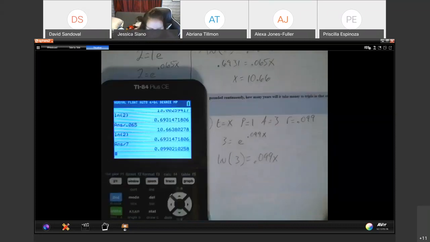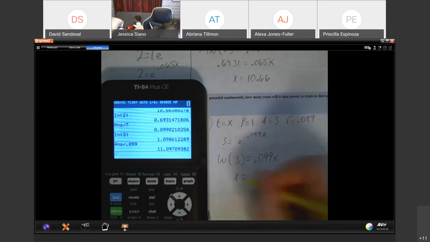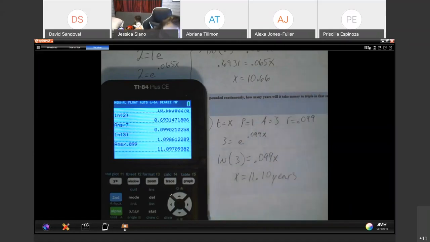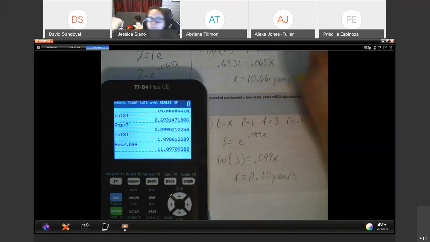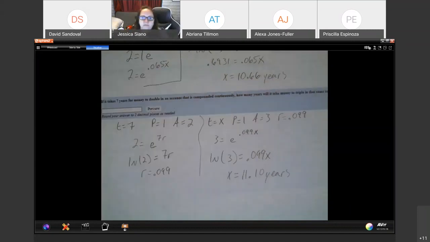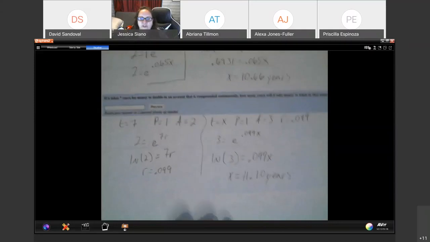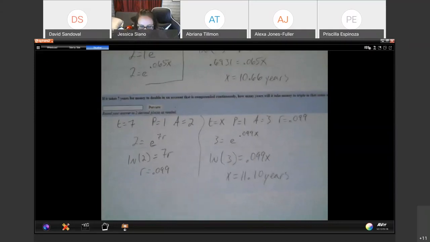So the ln of 3, and then divided by 0.099. So if it took 7 years to double, it'll take 11.1 years to triple.